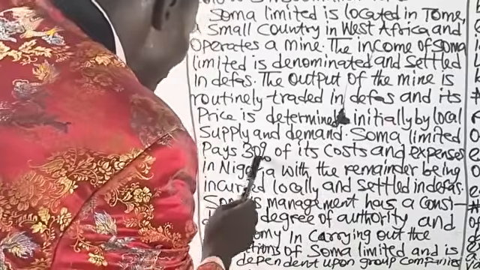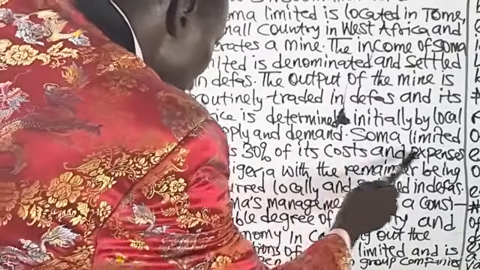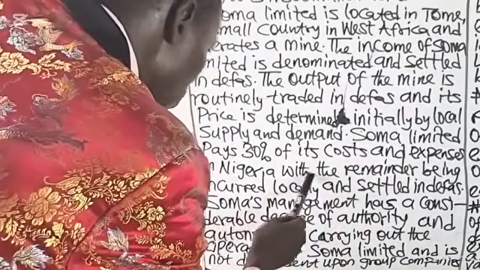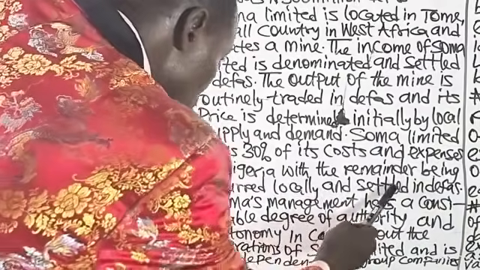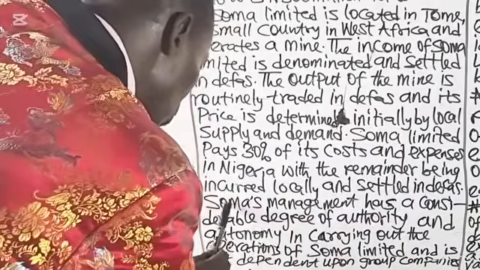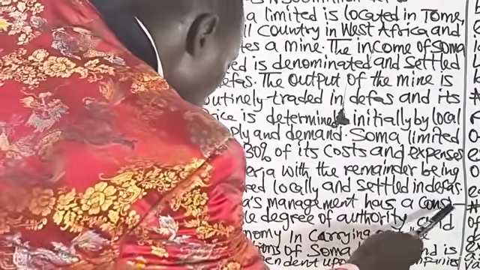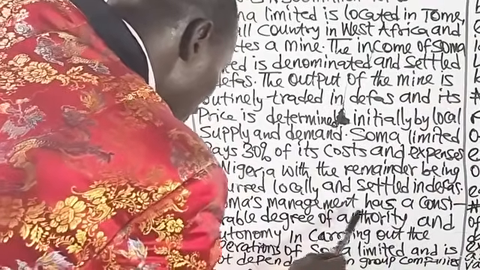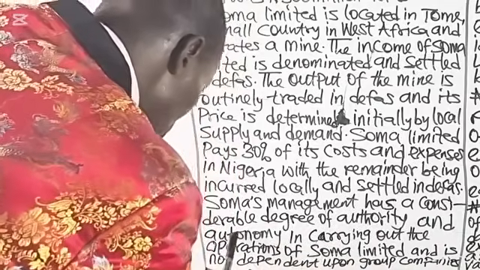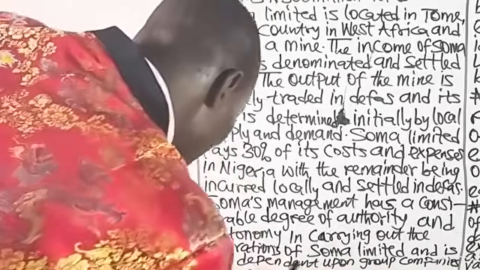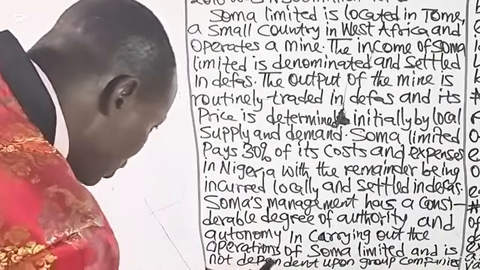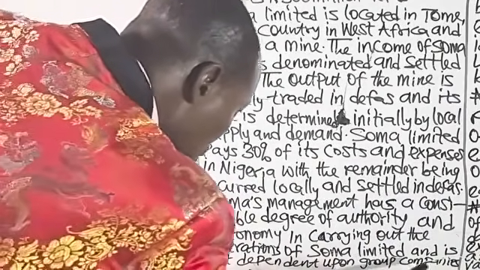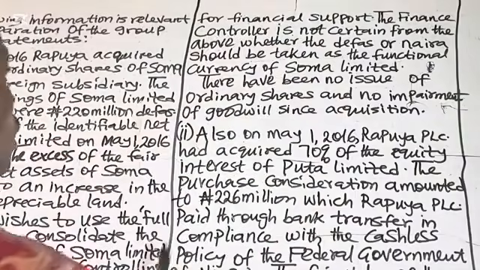Soma Limited pays 30% of its costs and expenses in Nigeria, with the remainder being incurred locally and settled in DEFAs. Soma's management has a considerable degree of authority and autonomy in carrying out the operations of Soma Limited and is not dependent upon group companies for financial support.